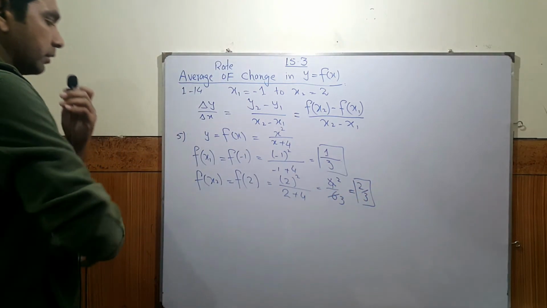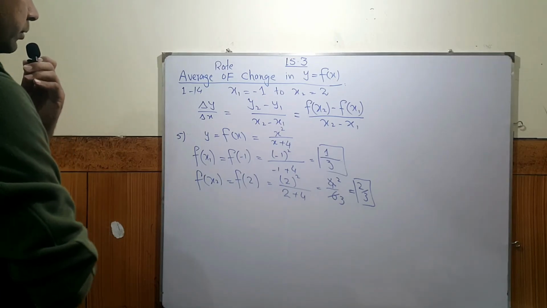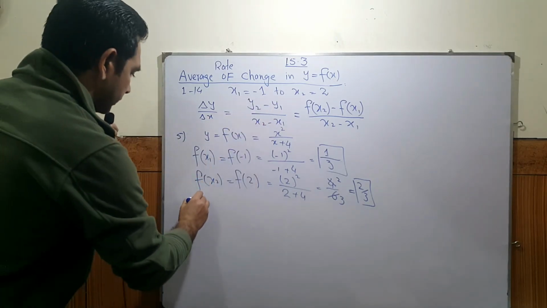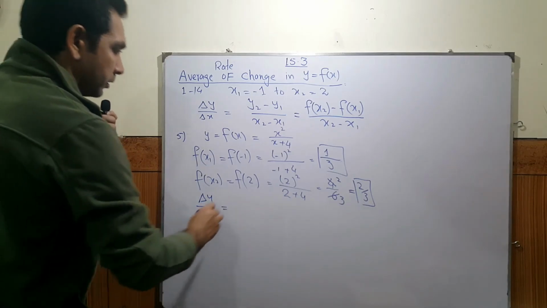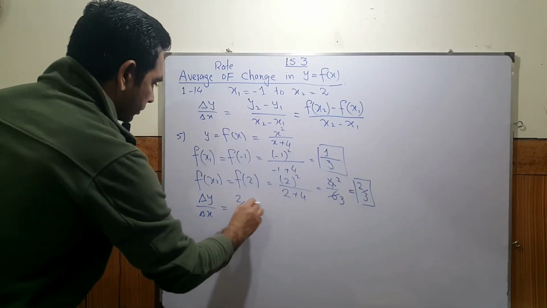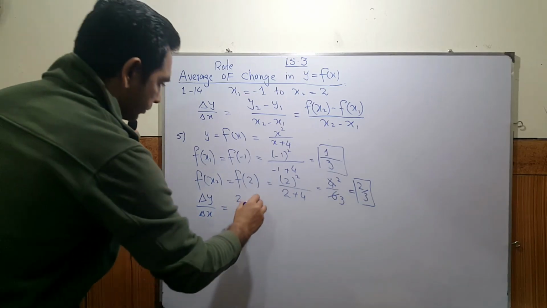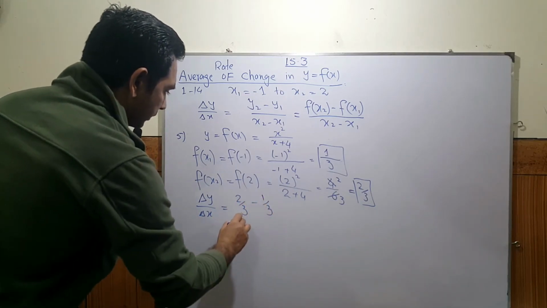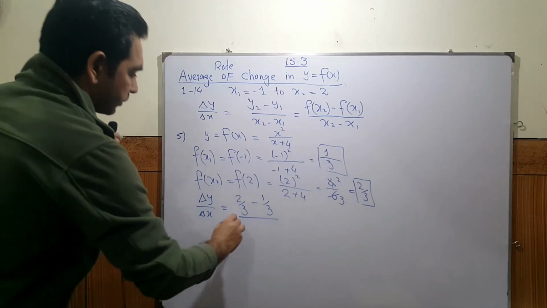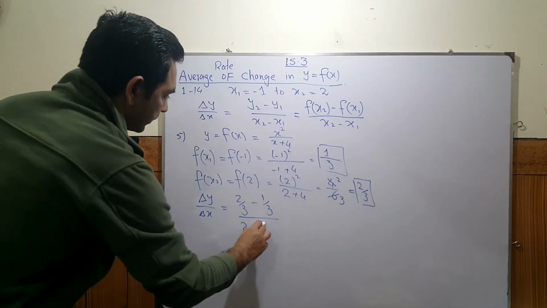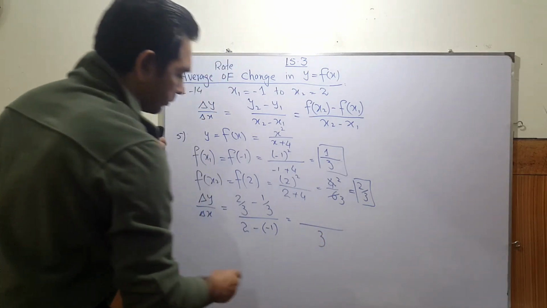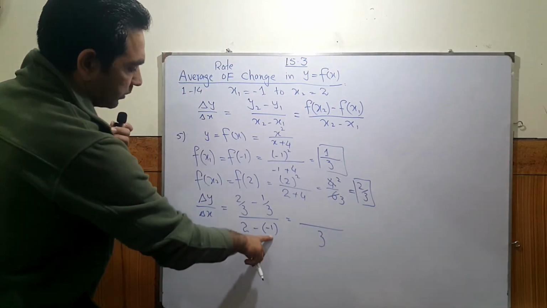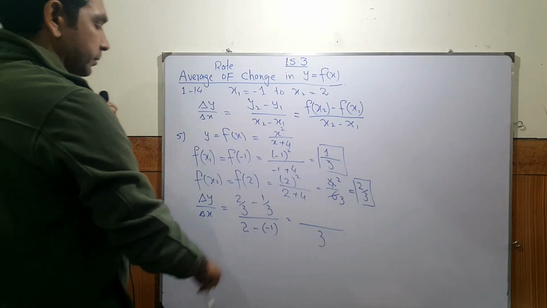Now we have both the values for f of x1 and f of x2, and we can substitute them in the formula of average rate of change. f of x2 is 2 over 3, f of x1 is 1 over 3, divided by x2 minus x1, which is 2 minus minus 1, so plus 1 and plus 2 gives us 3.